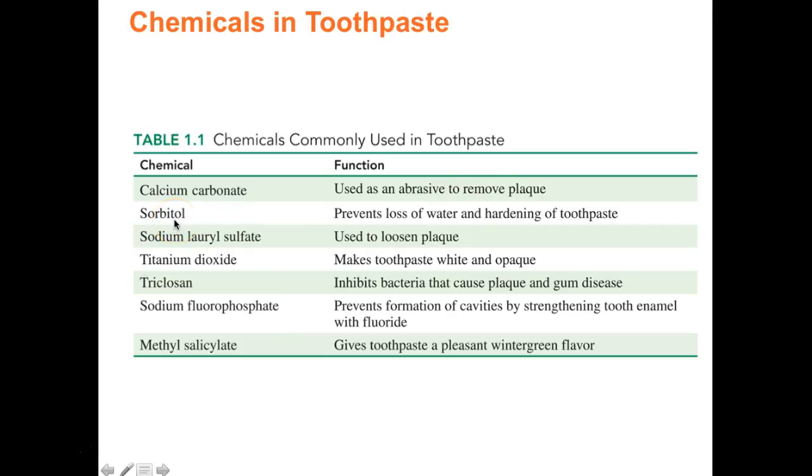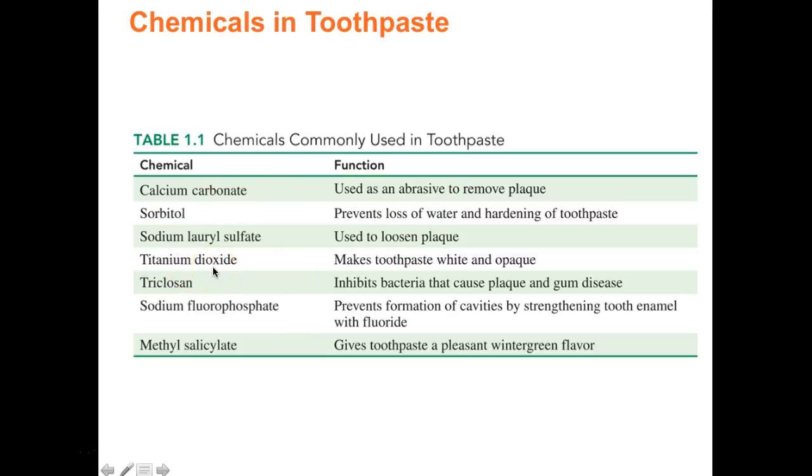Sorbitol is a sugar and a sugar alcohol, and it's able to keep the toothpaste from hardening up, so it retains the moisture in the toothpaste and keeps it soft. And sodium lauryl sulfate will loosen up that plaque, and then the calcium carbonate is able to remove it.